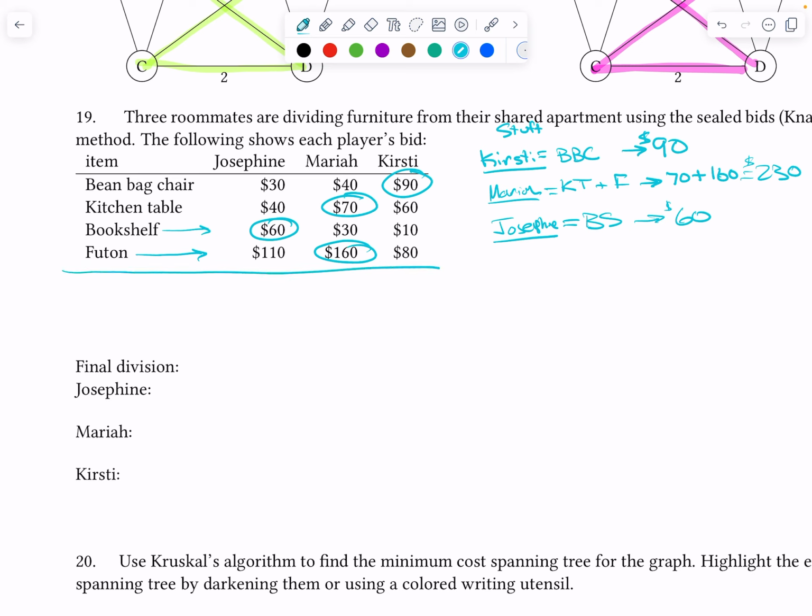To figure out the fair share, we're going to do the total of each of these people's bids. So if you add up all of these, you get $240. Add up all of these, we get $300. And then add up all of these, and we get 182.